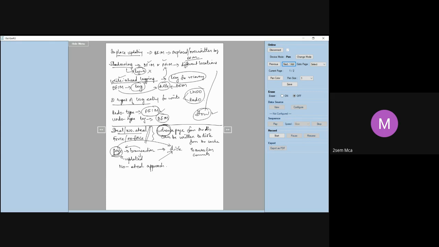But if I cannot update this page in the disk until the transaction commits, that means the transaction should complete its execution successfully, only then it reaches a commit point. Till then I cannot update this page to the disk. Then I call it a no steal approach.